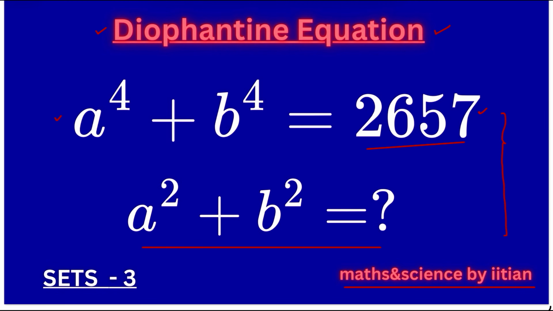Let's now move further. What is the problem given? The question is: a to the power of 4 plus b to the power of 4 is equal to 2657. Find a square plus b square.